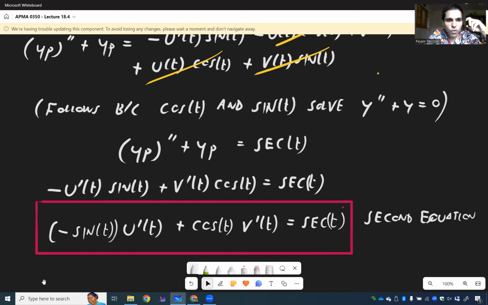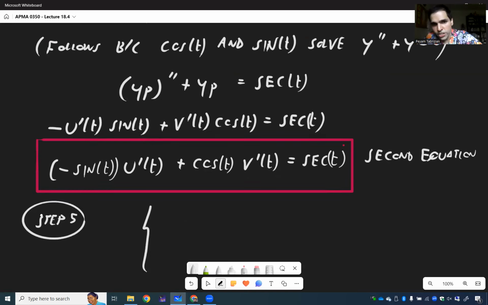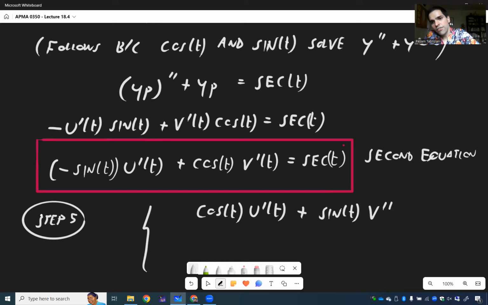And to summarize, if you want to put it all together, what did we get? So our first equation, that was cosine of t u prime of t plus sine of t v prime of t equals 0. That was because of our simplification.